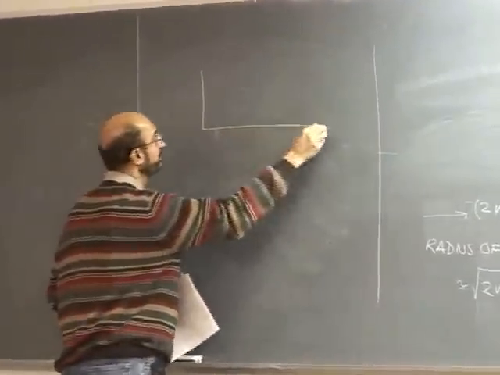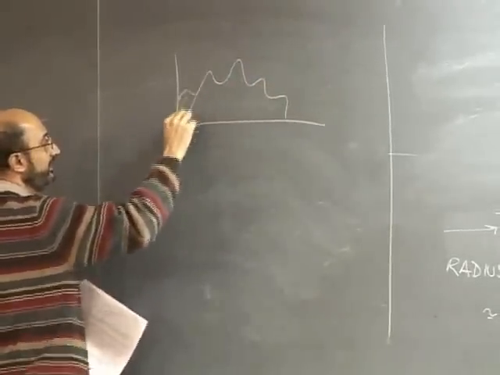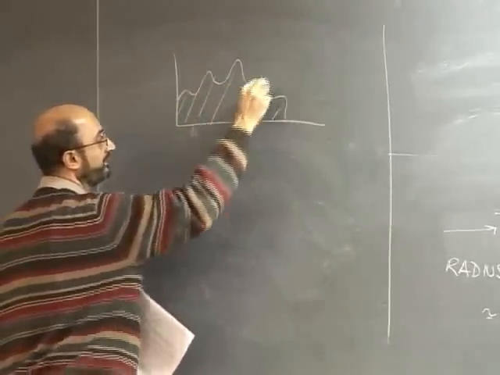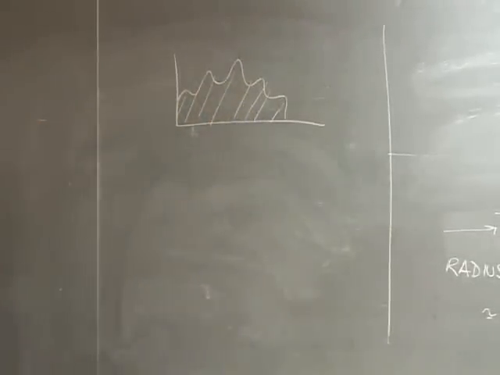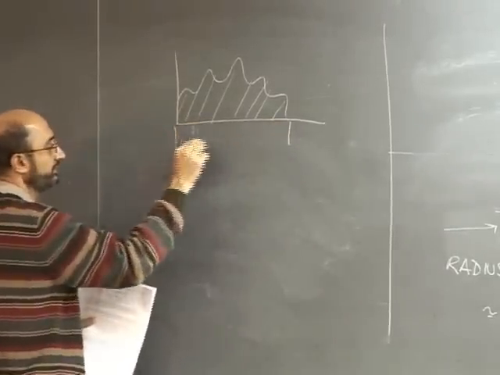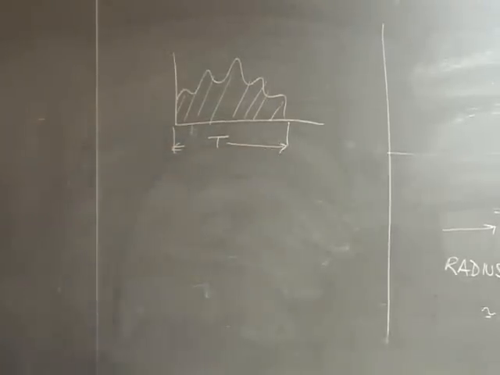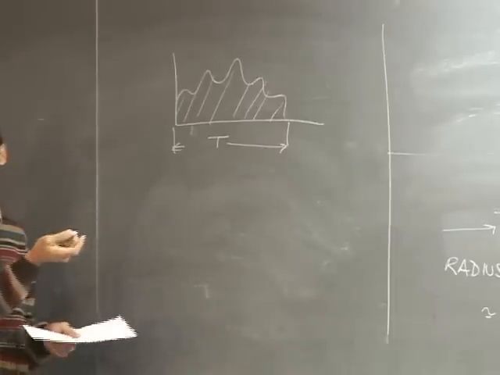If I have a signal that looks like this, the energy is the area under this curve. That's really what the energy is. If I have a signal of duration T, the average energy is going to be the average area under this curve.